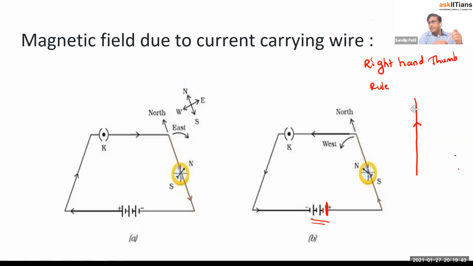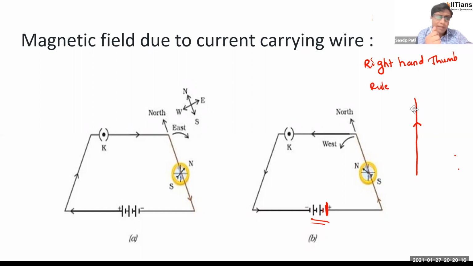Now consider this pen is our conductor. Current is going. So I'm going to use this right hand. This is the thumb. Thumb is going to represent the current's direction like this. These curled fingers are going to show me the direction of the magnetic field.